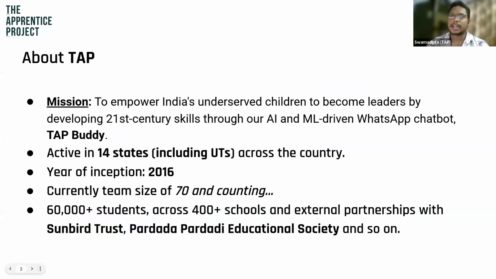Starting off with our overall mission, we aim to empower India's underserved children to become their own leaders by developing what we call 21st century skills, basically SEL skills, social and emotional learning skills like problem solving, skillful communication, and a lot more.